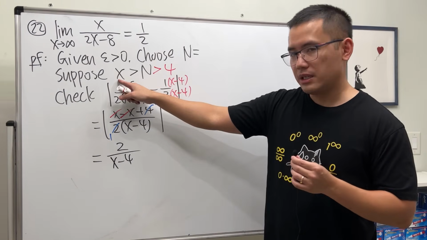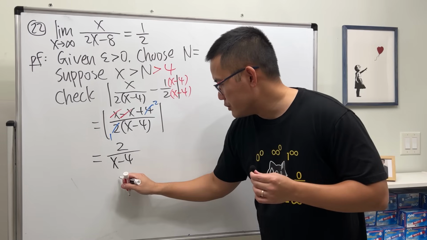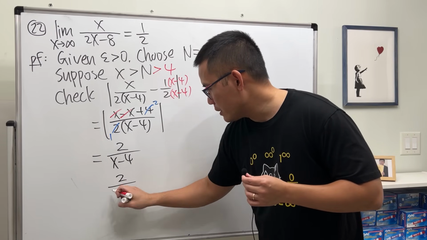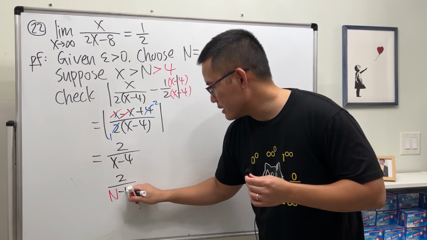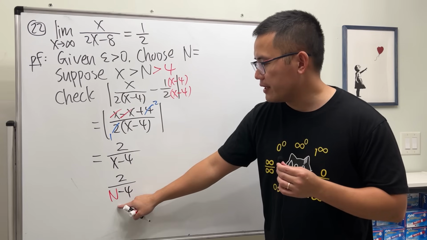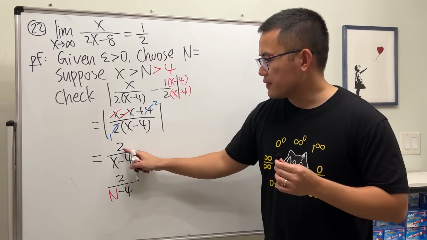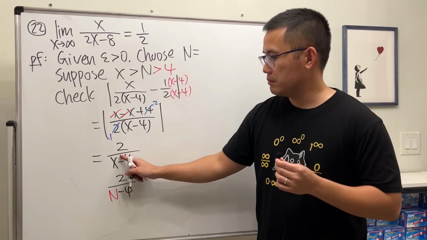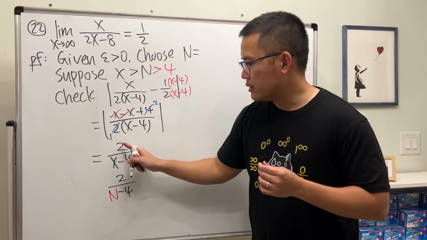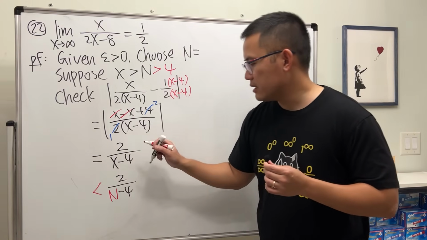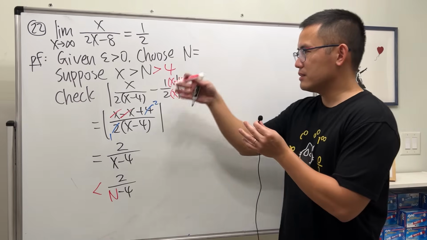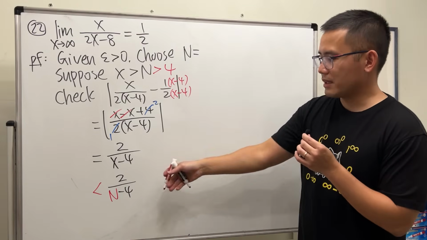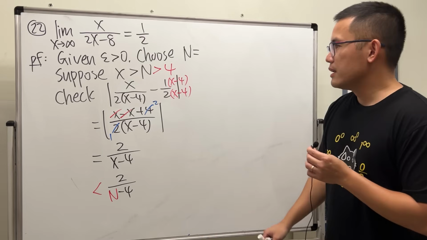And now, because x is greater than n, I'm just going to compare that with 2 over n minus 4. x is greater than n, meaning x minus 4 is greater than n minus 4, and this will still be positive. So the whole fraction will be less than that, right? Unless if you want, you can do more work, but I think this is also pretty clear.